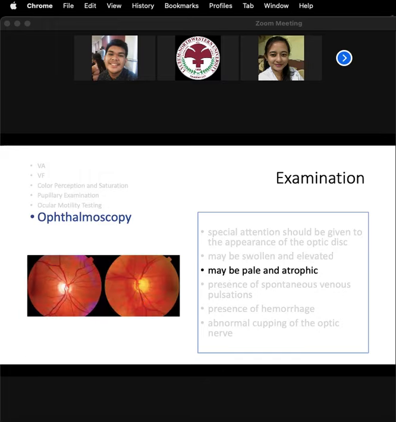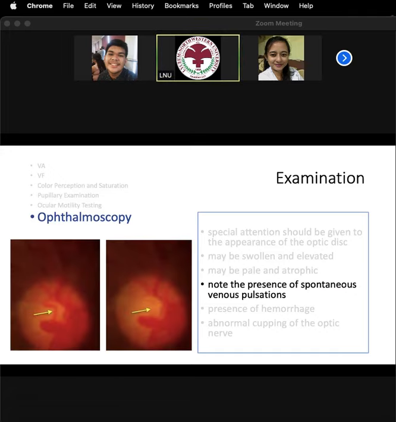So color, good for the color. The normal color is orange, yellow-orange, or a bit red. But anything less than that is pale na. Parang ito. Papuntang white na siya. It's turning white. So that's pale and possibly because of atrophy, a long-term optic nerve disease.